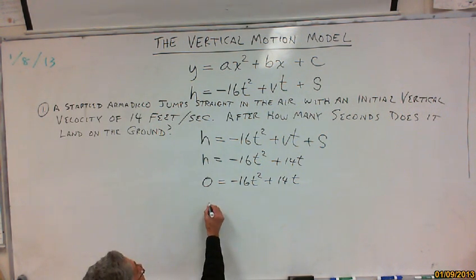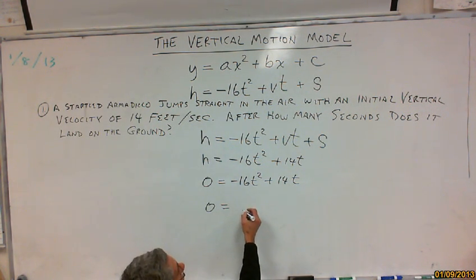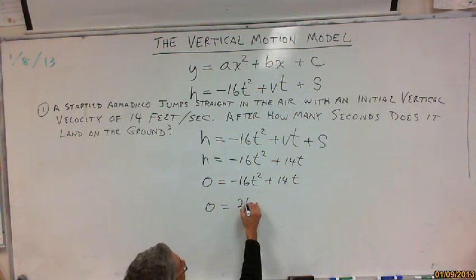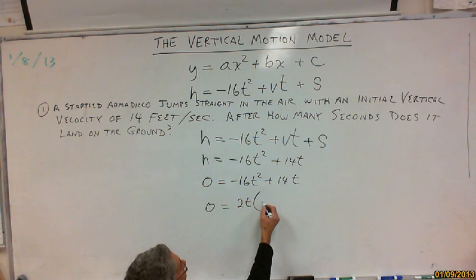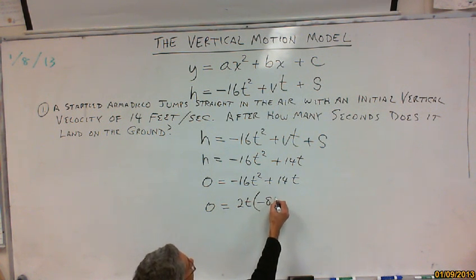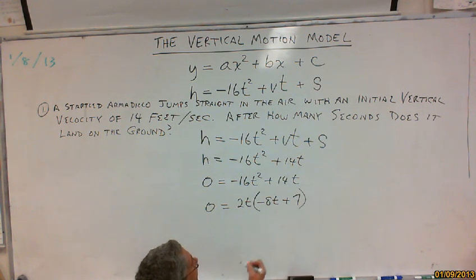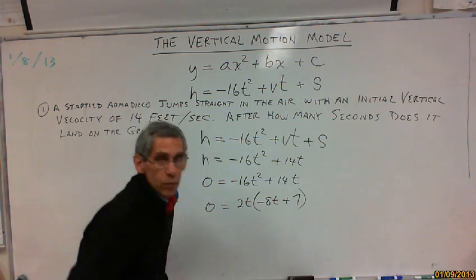So here we go. We got 0 is equal to 2t times, and then what do we have? We got negative 8t plus 7. Am I right? Okay. Now what do we do now?